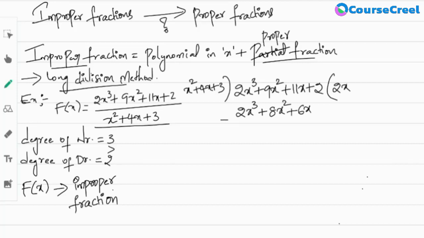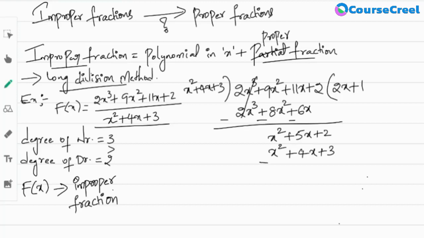Now subtract this. So we get x square plus 5x, x square plus 1 is equal to x square plus 4x plus 3. Again subtract this. So we get x minus 1 as the remainder.